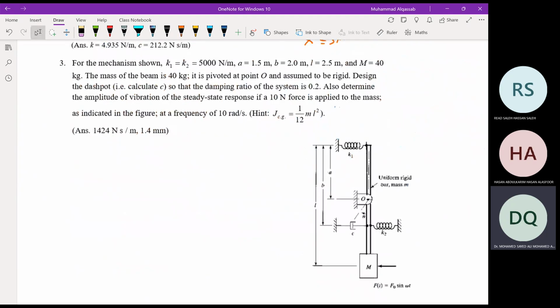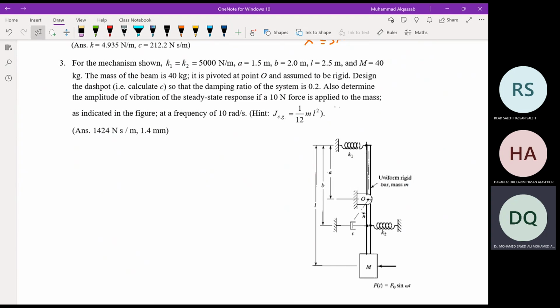Question 3, we need to work on the equation of motion, because this is not a spring mass system. This is the most difficult, right? Students will struggle to find the equation of motion, although it is very simple. For the mechanism shown, K1 equal to K2 equal to 5,000 Newton per meter, A equal to 1.5 meter, B is 2 meter, L equal to 2.5 meter, and M equal to 40 kilogram, which is the attached point mass.